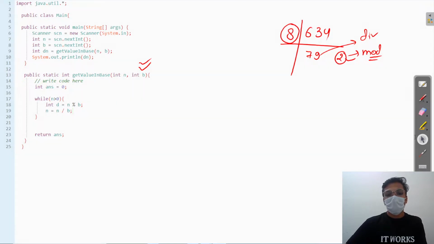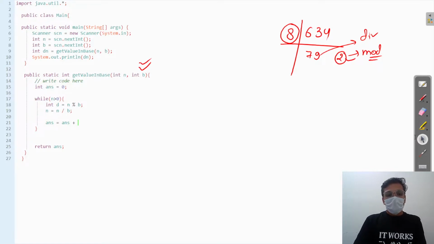Now we are going to save our answer. Answer is saved as ans plus our digit multiplied by some power factor.